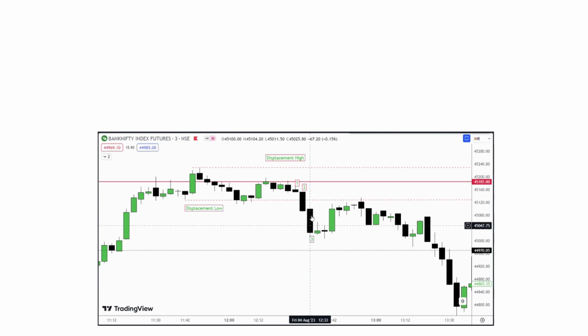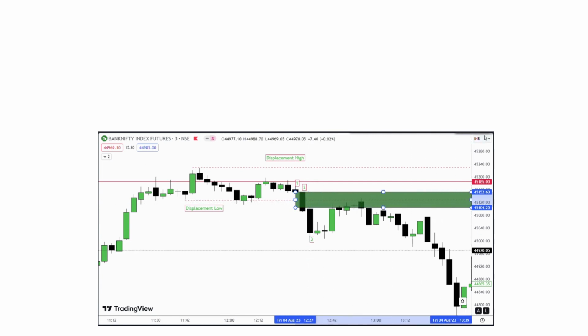So once this happens, price has gone above the previous day high, came down, created a displacement high, created a displacement low. Further down, price broke this displacement low with intensity, and created the 3 candle formation of a fair value gap. What I'll do next is mark the low of candle number 1 to the high of candle number 3.